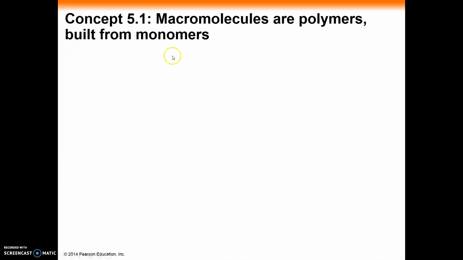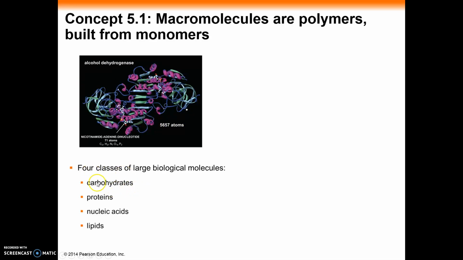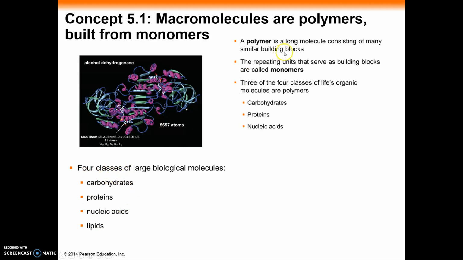So here we have concept 5.1: macromolecules are polymers built from monomers. Macromolecules are extraordinarily large. They come in 4 classes: carbohydrates, proteins, nucleic acids, and lipids. 3 out of the 4 of these are considered polymers. A polymer is a long structure of repeating building blocks, and those building blocks are called monomers.